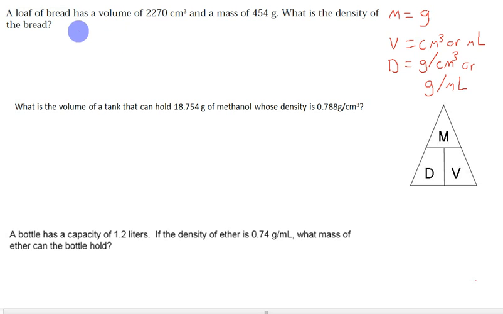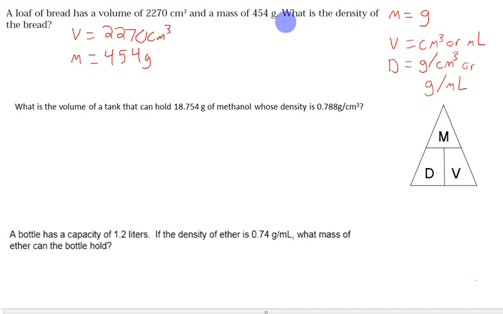So first one, a loaf of bread has a volume of 2,270 cubic centimeters. Cubic centimeters, I know that is going to be volume. So my volume is equal to 2,270 cubic centimeters and a mass of 454 grams. Well, grams is a measure of mass.